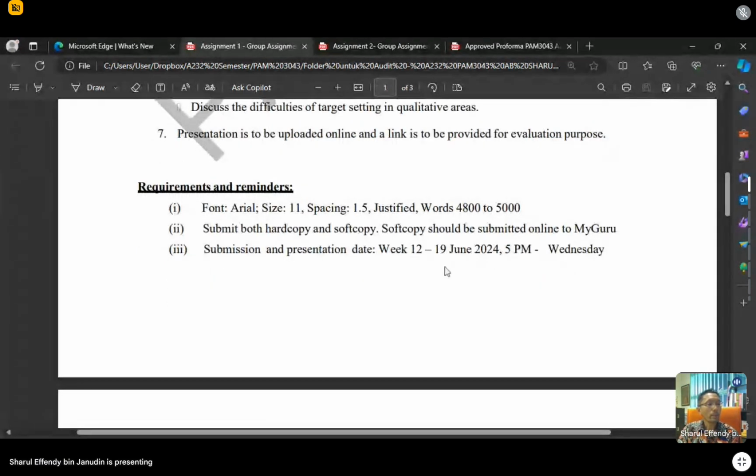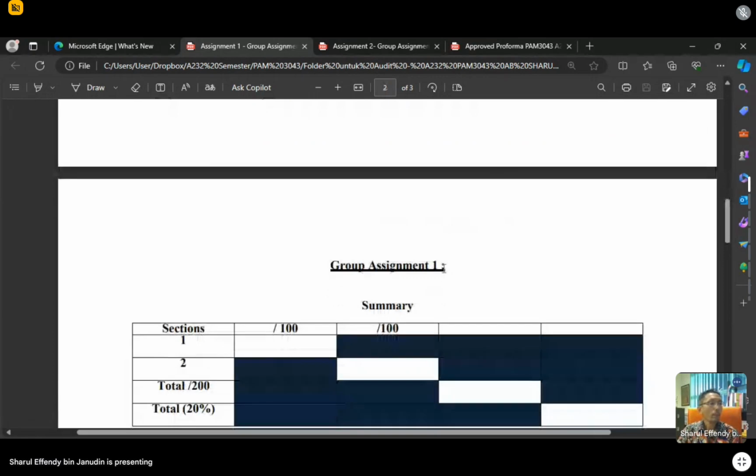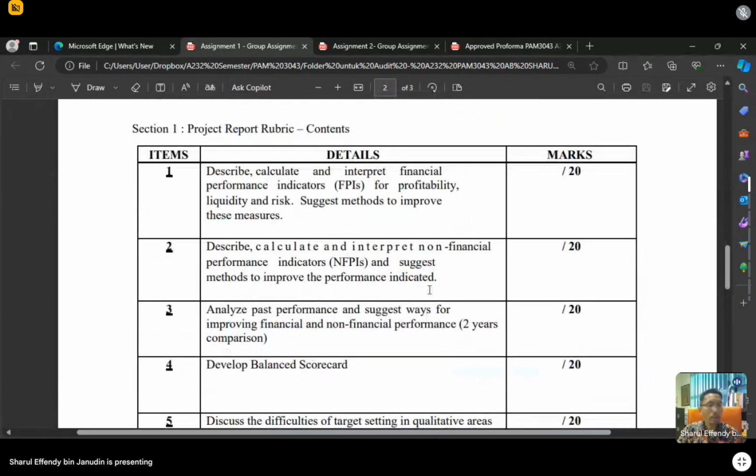Then it needs to be submitted to me in week 12, 19 June 2024. It's on Wednesday. Your class is on the 20th. So 19 June 2024. So this is the rubric. Number 1, as I said, describe, calculate, and interpret financial performance indicators for profitability, liquidity, and risk. 3 things: profitability, liquidity, and risk.